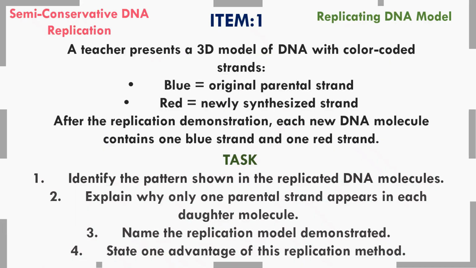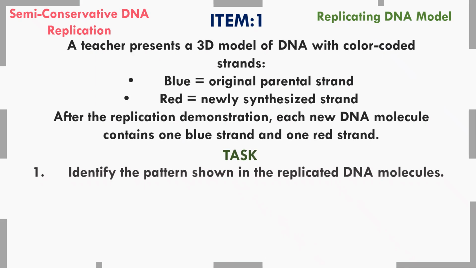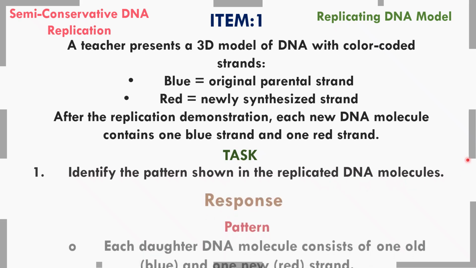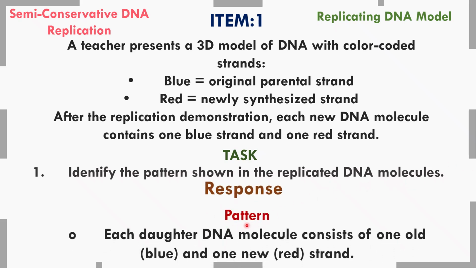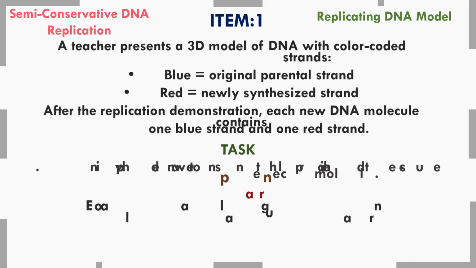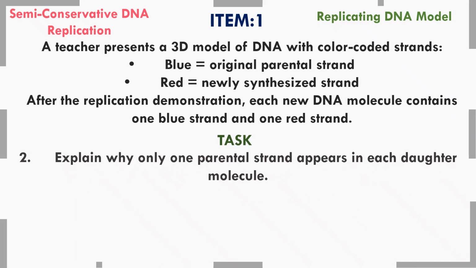Let us start with 1. Identify the pattern shown in the replicated DNA molecule. The pattern: each daughter DNA molecule consists of 1 old blue and 1 new red strand. 2.